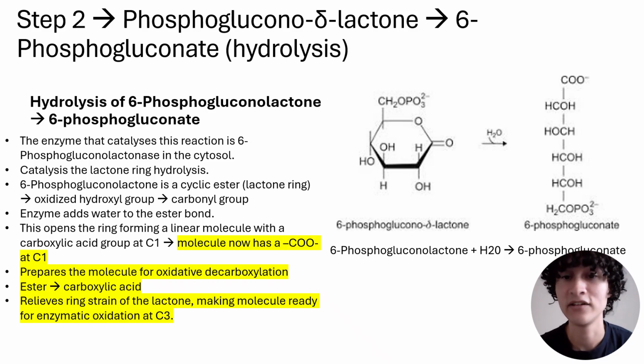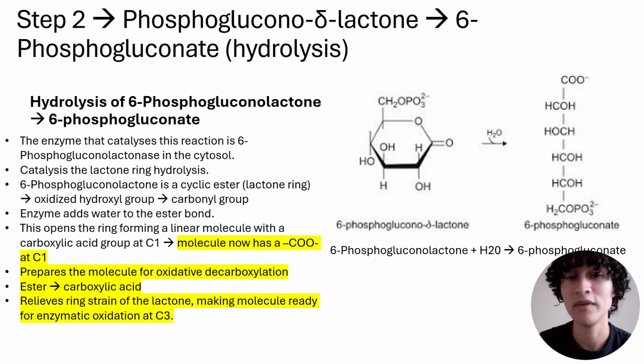We need to add our water, and now we've also alleviated ring strain, that lactone. The molecule's more ready for enzymatic oxidation or oxidative decarboxylation, being in that linear state.